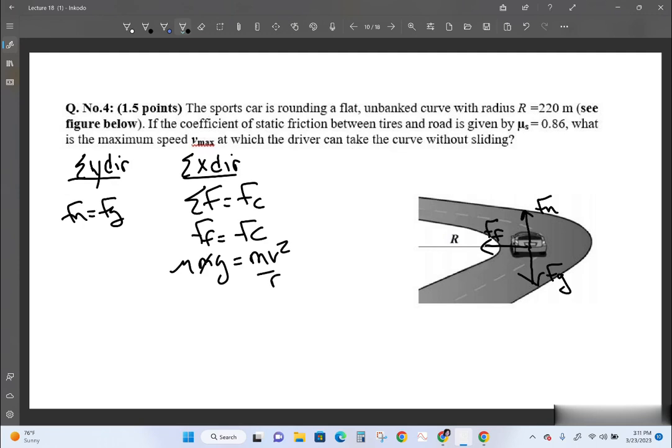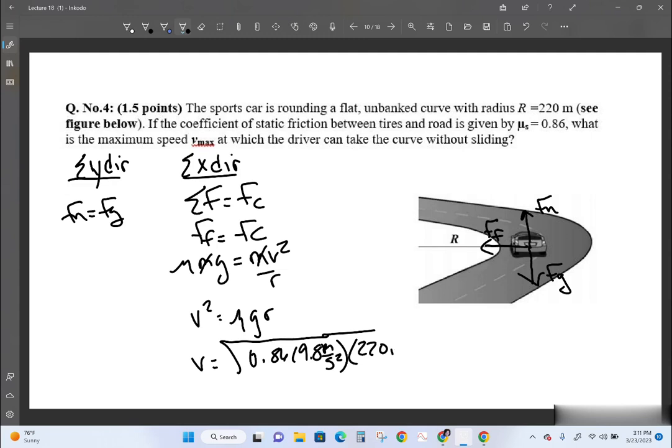My m's cancel out. Notice it didn't give me the mass at all, so I know it's going to cancel out. So V squared equals mu G times R, and V is going to be equal to the square root of 0.86 times 9.8 meters per second squared times 220 meters.